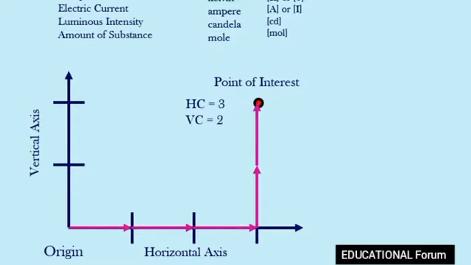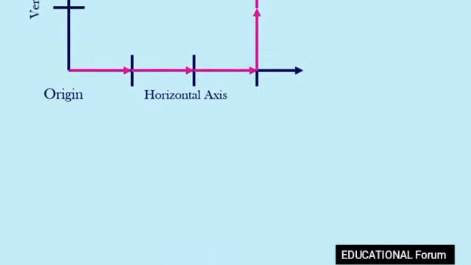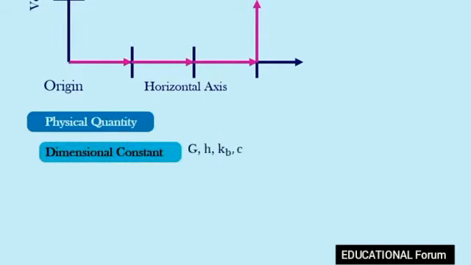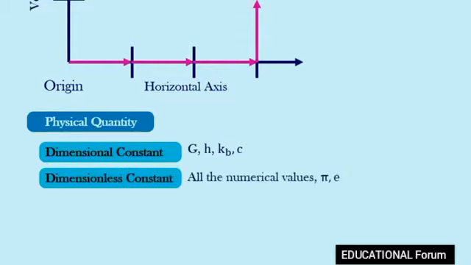Dimensions of a derived quantity contain information related to more than one fundamental unit. Based on the dimension of physical quantities, they can be classified into 4 categories. These are dimensional constants, like universal gravitational constant, Planck's constant, Boltzmann constant, speed of light, etc. Then we have dimensionless constants like various numerical values, pi, e, etc. Next, we have dimensional variables.